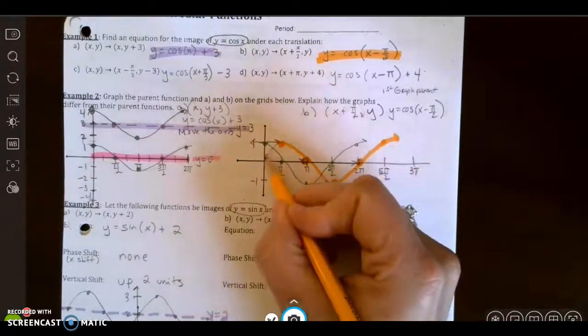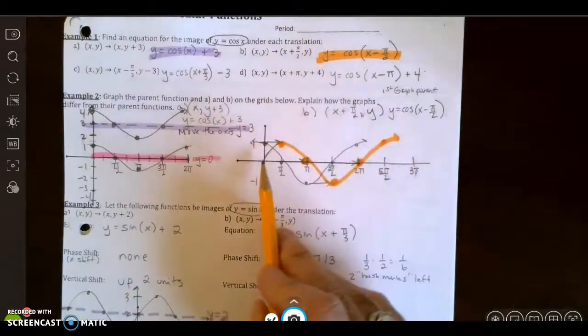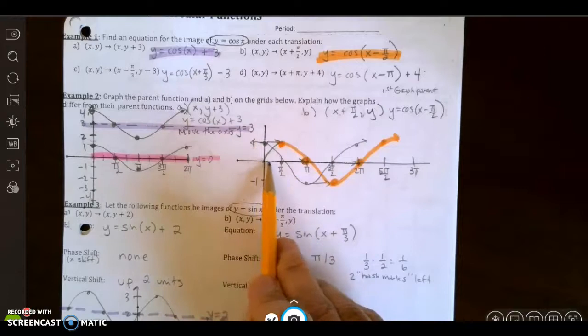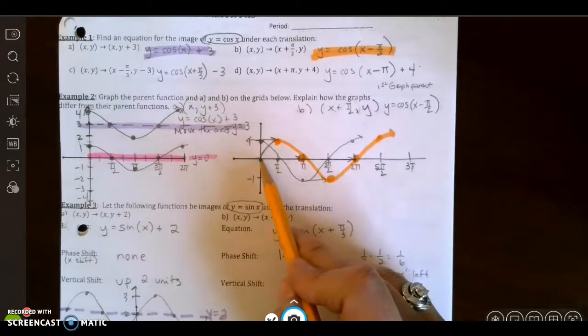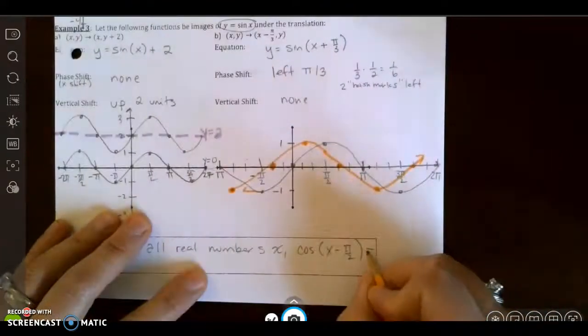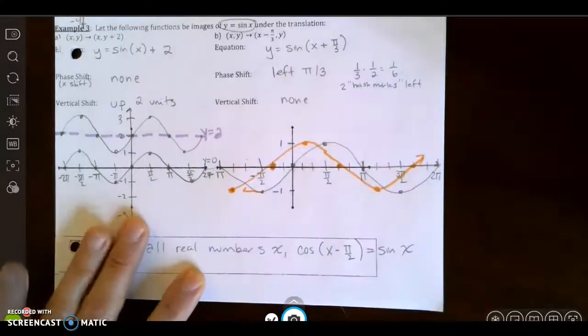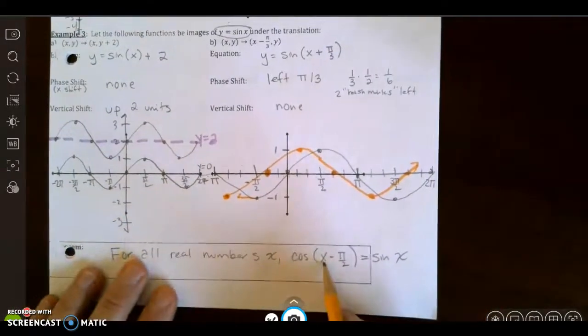If I had continued this, do you see this would have come down? When I shifted my cosine curve to the right pi over 2, I ended up with the sine curve. So if you shift the cosine curve pi over 2, you get the sine curve.